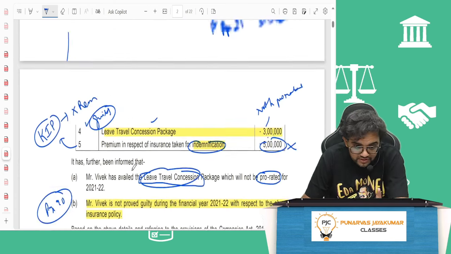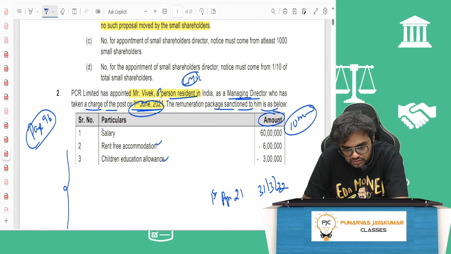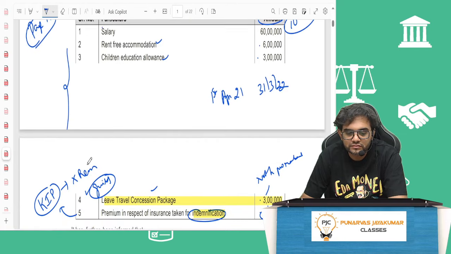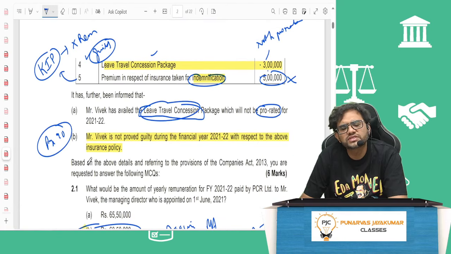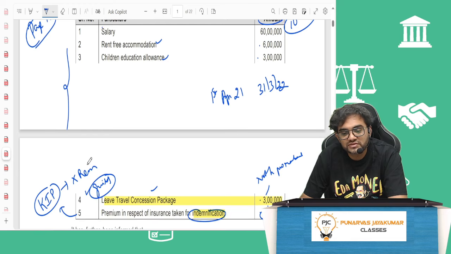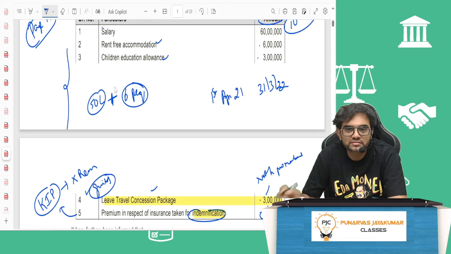If they had given this question as non-resident Indian or non-resident foreigner, whatever it is, then what would the salary be? What should you take? This fellow is eligible to get 50 lakh plus 6 perquisites extra.